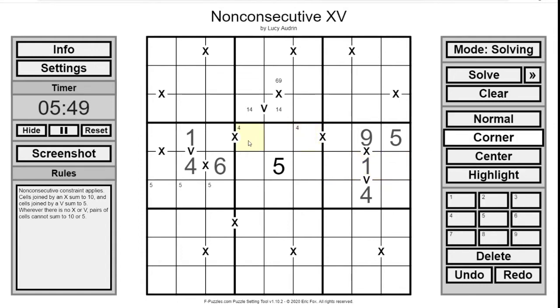And a 4 here would force a 6 to sum to 10, I'm pretty sure. So this has got to be the 4. And then this must be a 6.